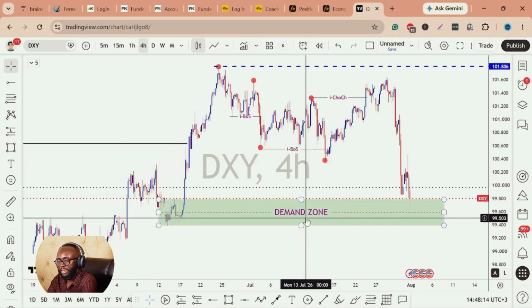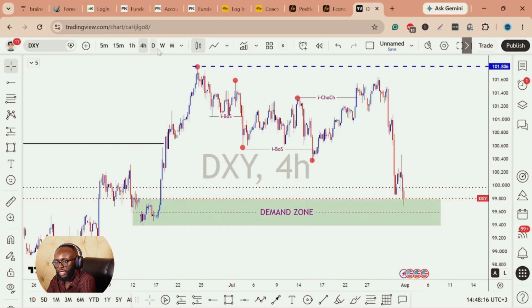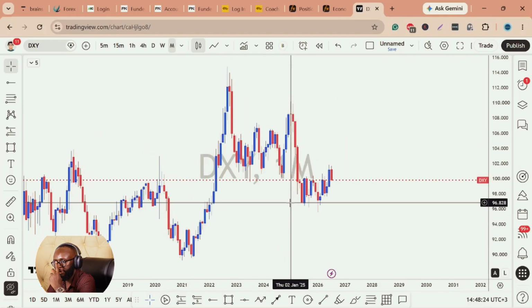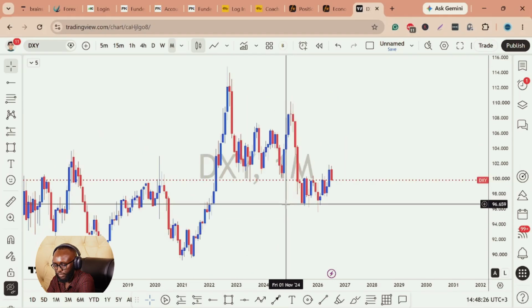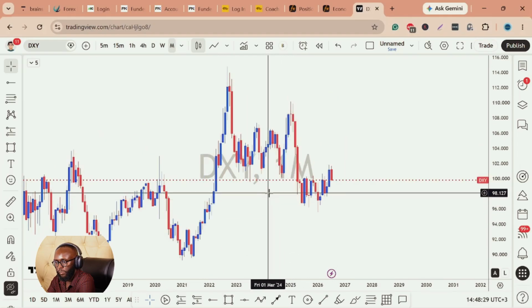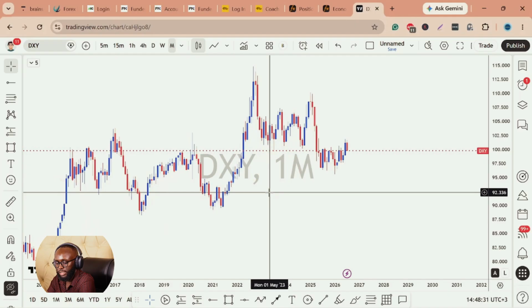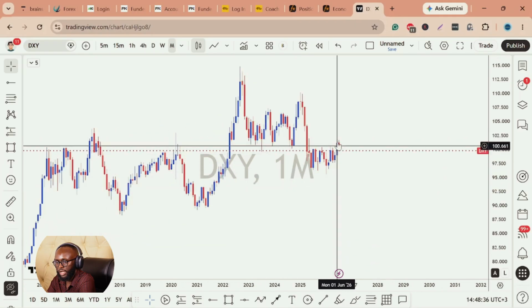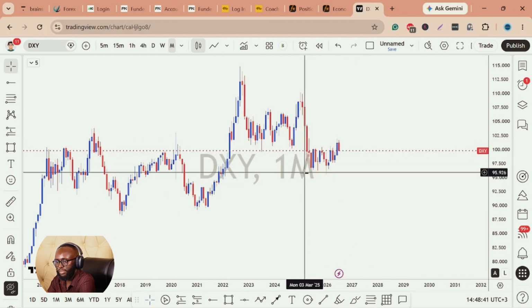Now, over to the markets and the charts. For this particular analysis, I would like to start off with the monthly time frame. Looking at the DXY, the market has been in a kind of consolidation for the past, from the monthly chart.